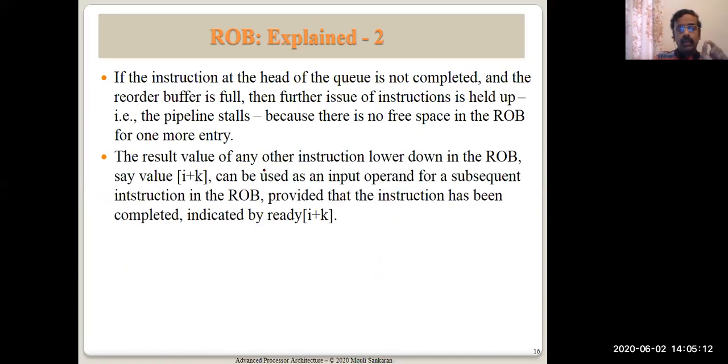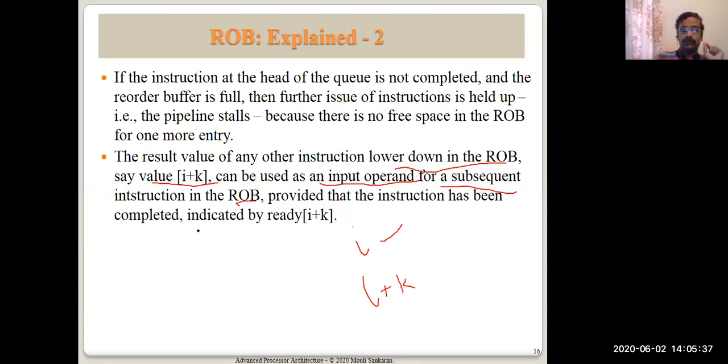The result value of any other instruction lower down in the ROB, suppose I is here, I plus K is some instruction below I. I is the topmost in the ROB. Say the value of I plus K can be used as an input operand for a subsequent instruction in the ROB.